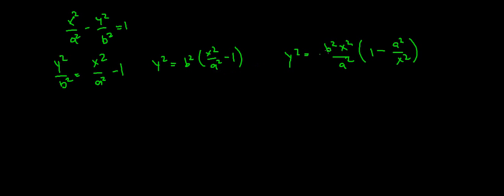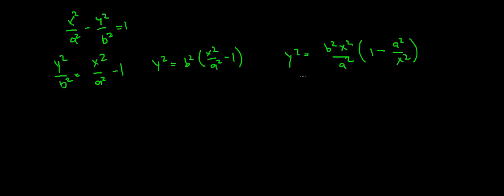This is going to be x squared over a squared, and this is going to be x squared over x squared, which is going to cancel out and be 1, and this is going to be a squared over a squared, which will cancel out and be 1. A lot of people, at least when I help them in math, forget they can do that, especially if they don't do a lot of math. So that's something that people tend to forget all the time.